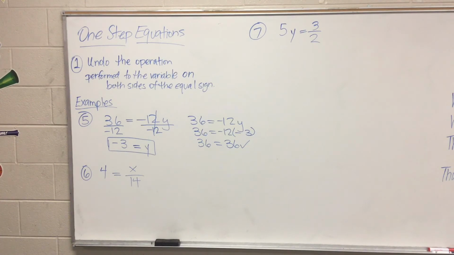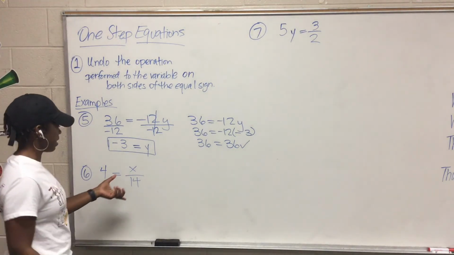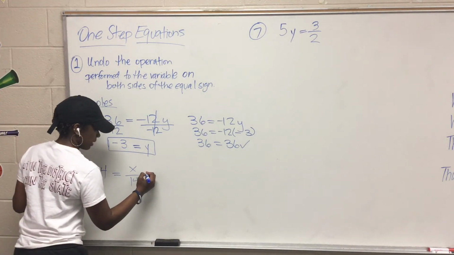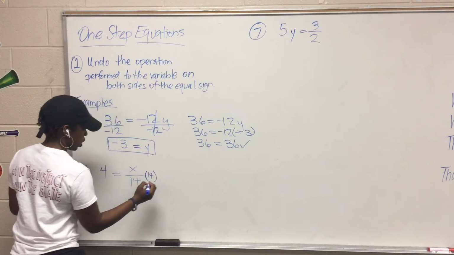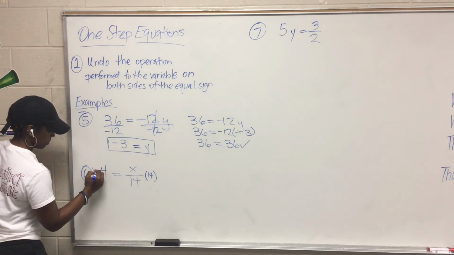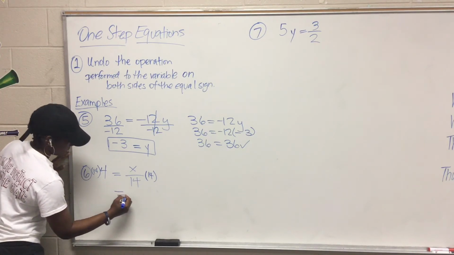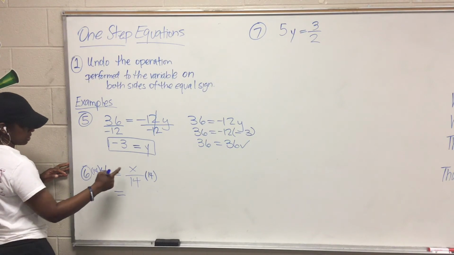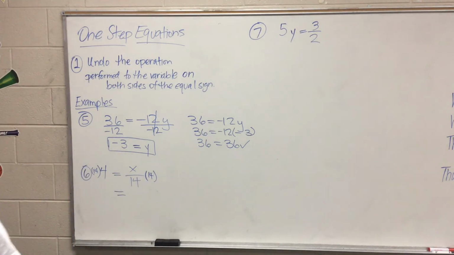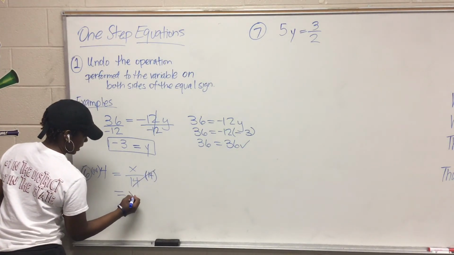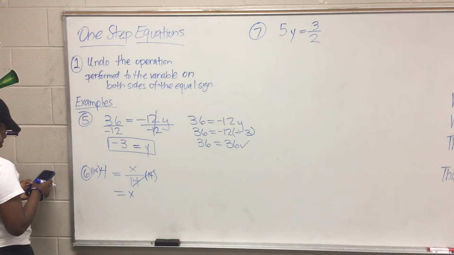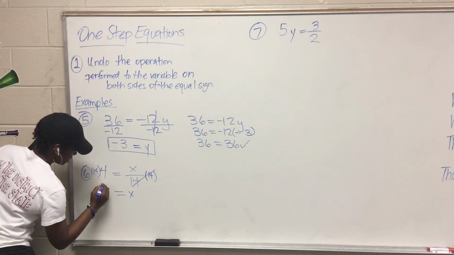All right, so for number 6, we have 4 equals x divided by 14. If they divided by 14, I need to multiply by 14 on both sides of the equal sign. So now I have 14 times 4 equals x divided by 14 times 14. These cancel out. I'm left with x, and 14 times 4 is 56.